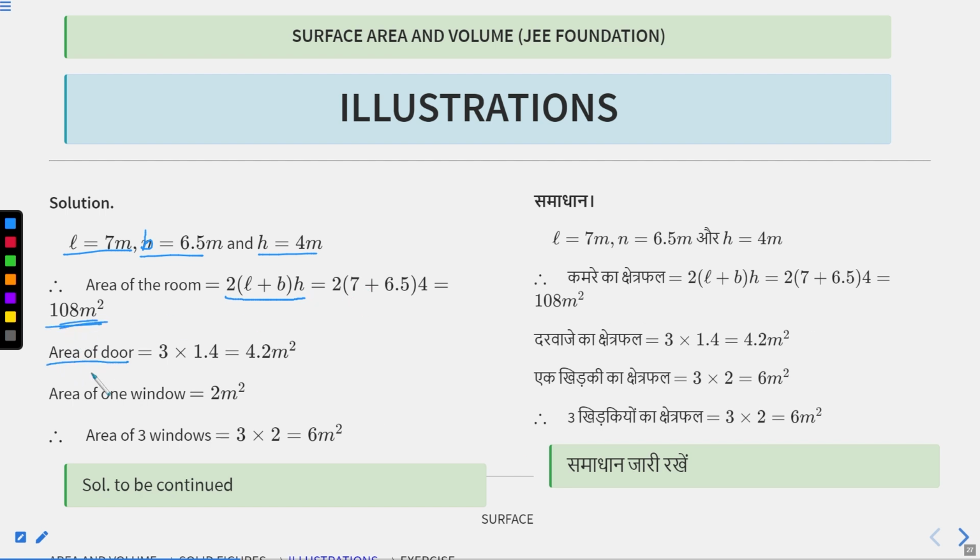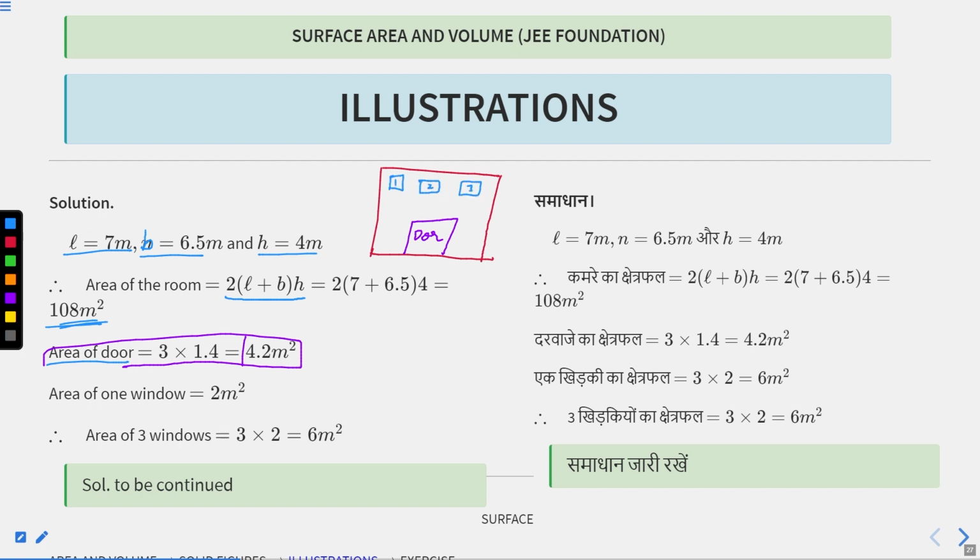Now area of the door, if you can visualize the room, so room will look like this, and here is my door with an area of 4.2 meter square and there are 3 windows. So window 1, window 2 and window 3.